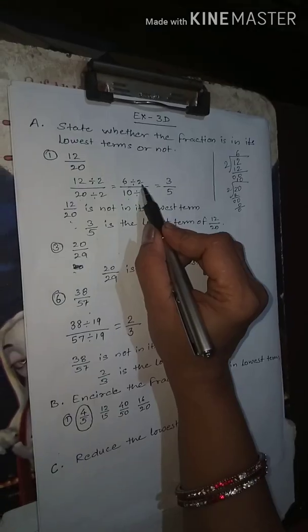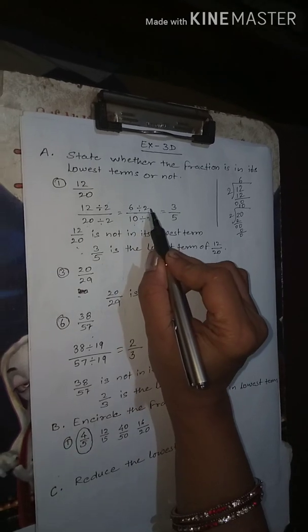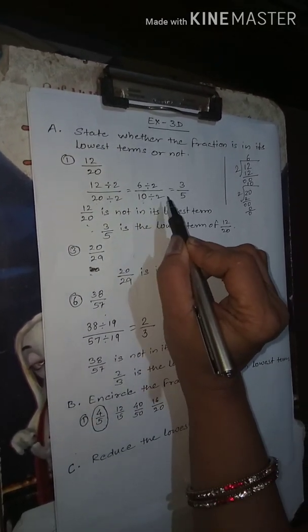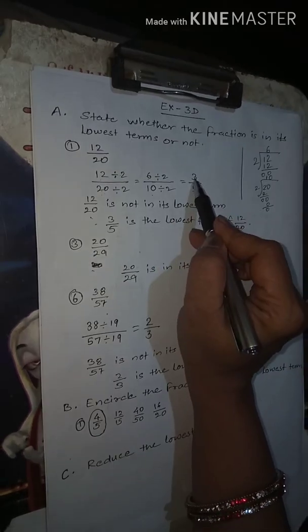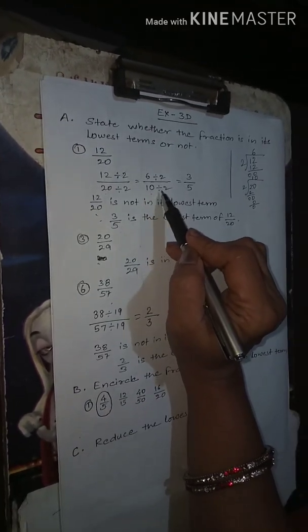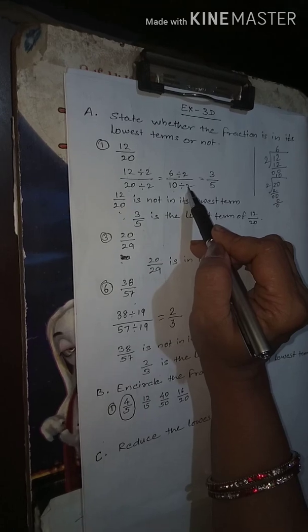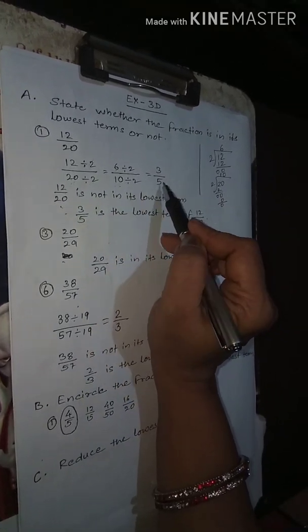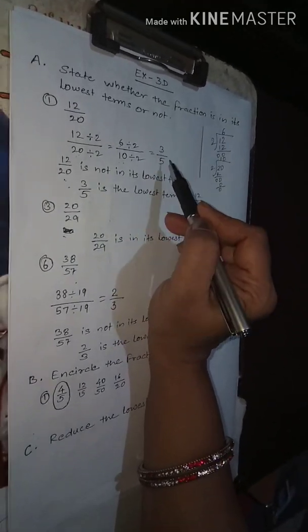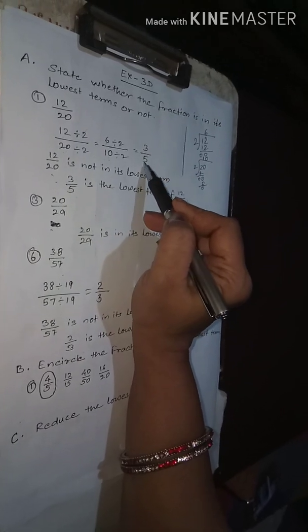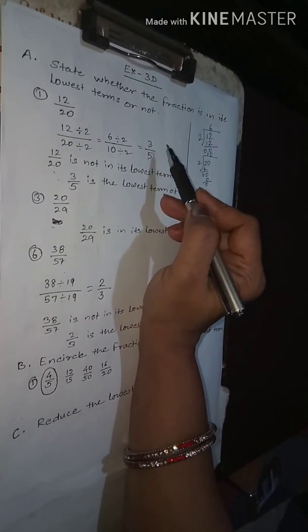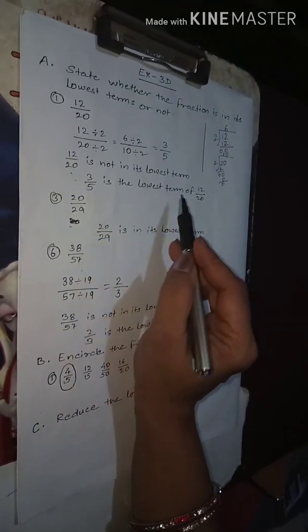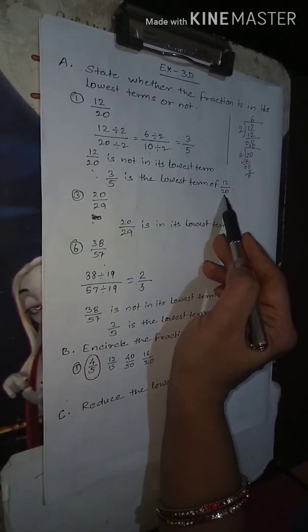Again it can be reduced. 6 divided by 2 and 10 divided by 2. So 6 divided by 2, 2 threes are 6. And you count the 2 table. 2 how many times 10? 5 times 10. So 3 by 5. This 3 by 5 further cannot be reduced.